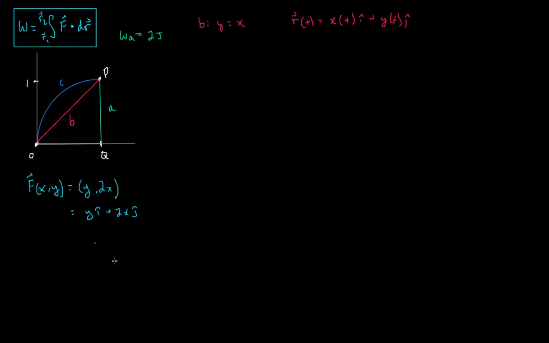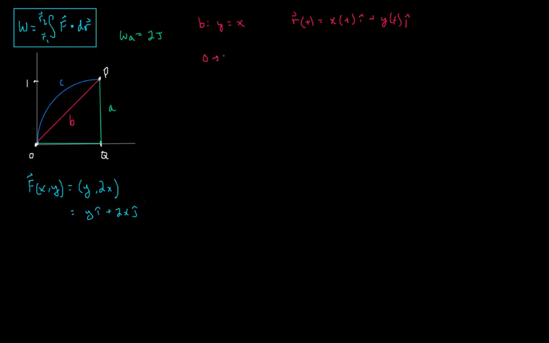But you'll notice I have no information about time, no information about how fast this object moves from O to P along this path. So hopefully I'll be able to write things in terms of one variable anyway, and I think I will.